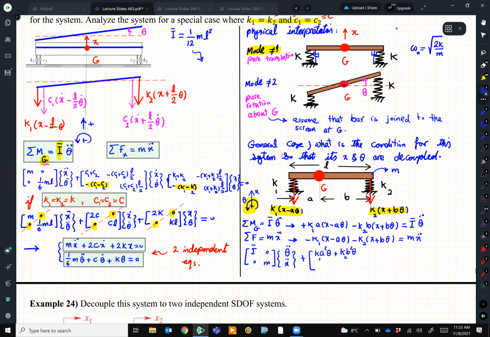So for this guy, I'm going to have K2 b minus K1 a. I should have calculated before. So K2 b minus K1 a. But you guys can check, make sure. And this one is going to be K1 plus K2. Theta and x. Hope it is correct.